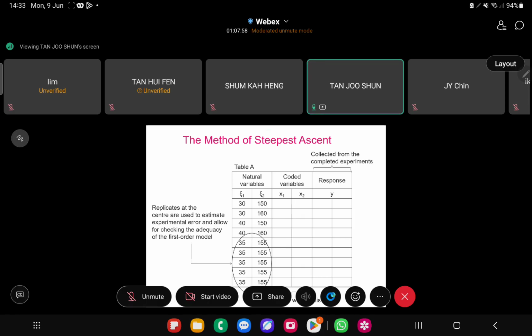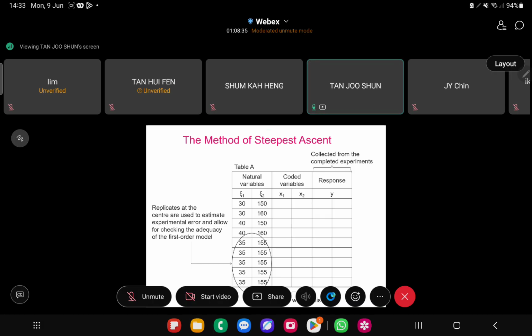Okay, we go back to the three levels. I mentioned high level, mid level, or low level. So for example, the high level of the hydrolysis time is 40, and the coded value will be +1. So 30 minutes is the lowest point, it will be -1. Then 35 is the center point, the mid, and becomes 0.